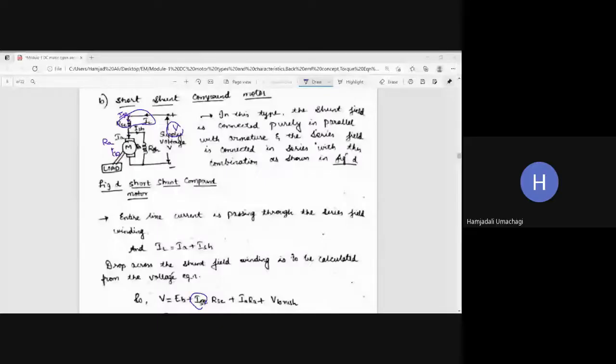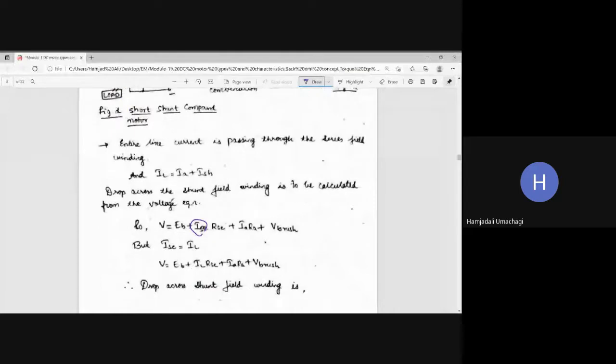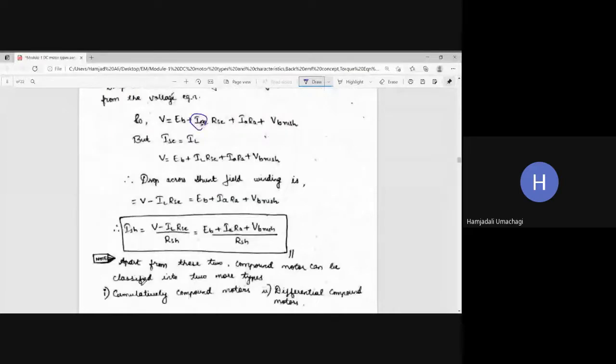This is the applied voltage V minus IL into RSC: applied voltage minus the voltage across the series field winding. If you take the difference, then you will get the drop across the shunt field winding, because they are connected in parallel. And now the difference V minus what is that?